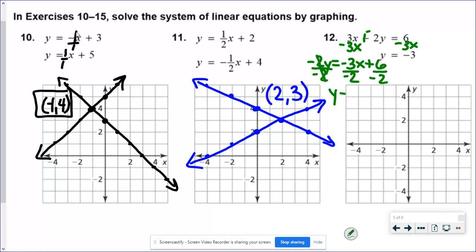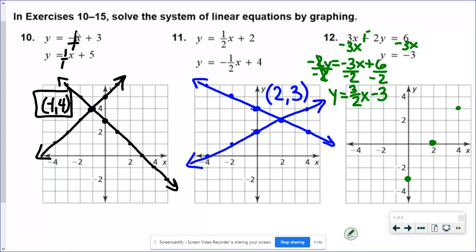So my equation is y equals -3 over -2, which is +3 over 2x, and then 6 divided by -2 is -3. So we're starting at -3, and my slope is 3 over 2. So up 3 over 2, and I don't have room to go down 3/2.